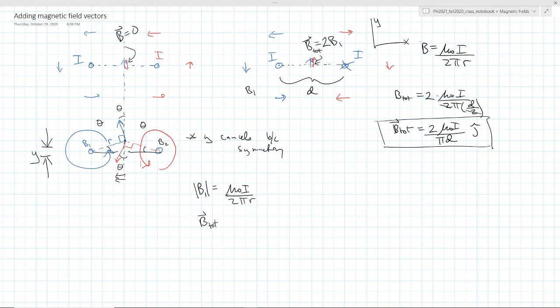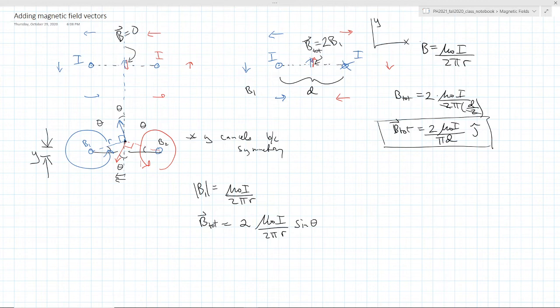So if we went to find the total at this location, we're going to have a factor of 2 again because there's 2 contributions. We'd have our mu naught I over 2 pi r, i.e. just the magnitude without considering the direction. And then we would also pick up this factor of sine theta. They're both pointed in the same direction, so they're going to add.